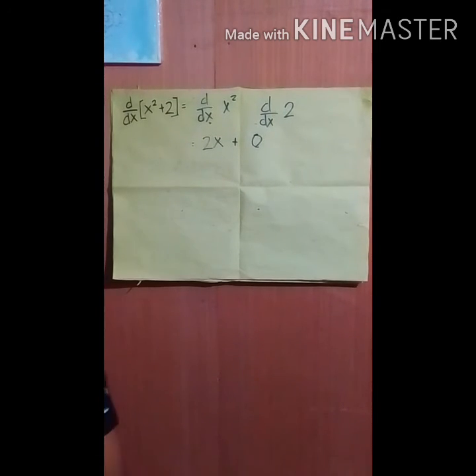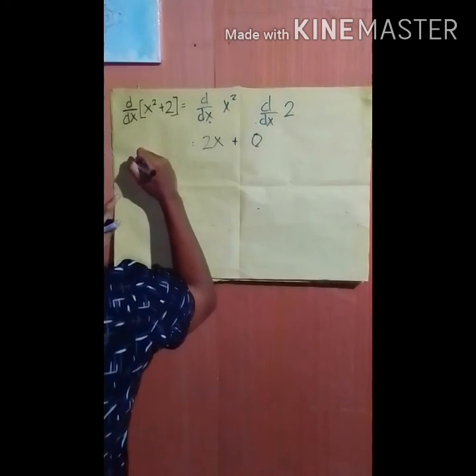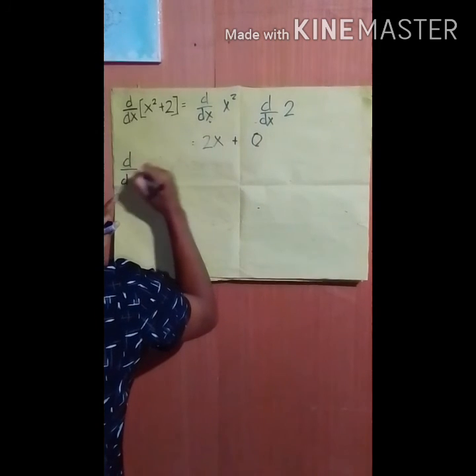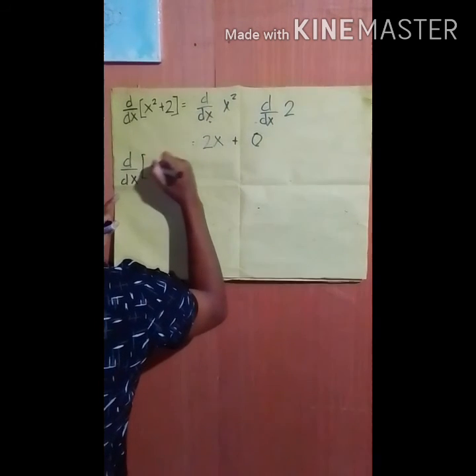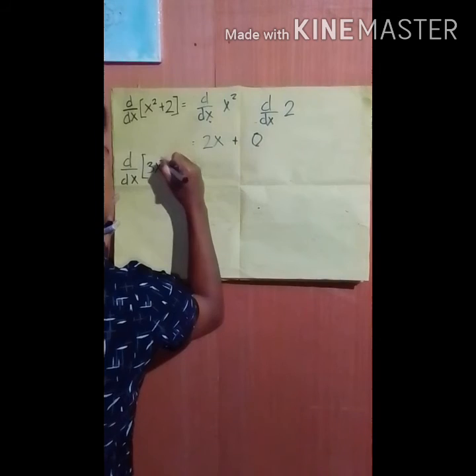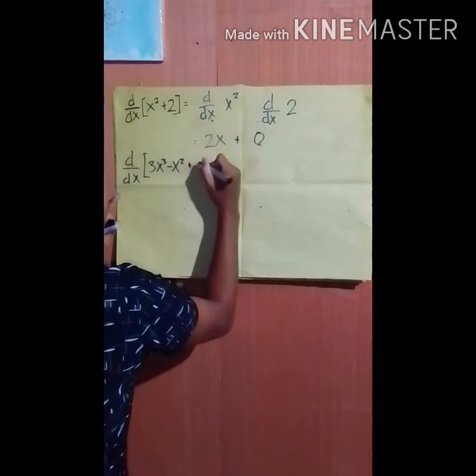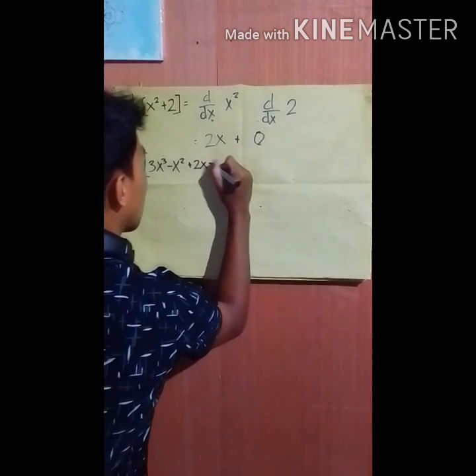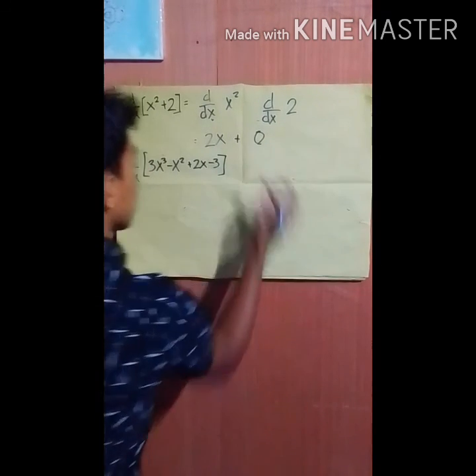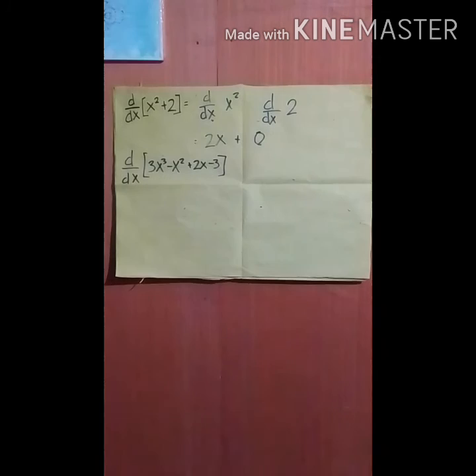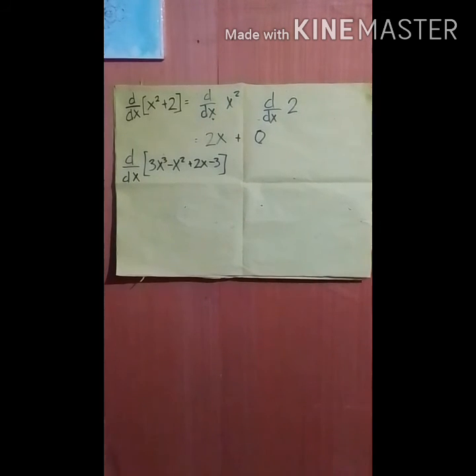So, that's an example. Another one: the derivative of 3x cubed minus x squared plus 2x minus 3. So, first again, get the derivative of each term.